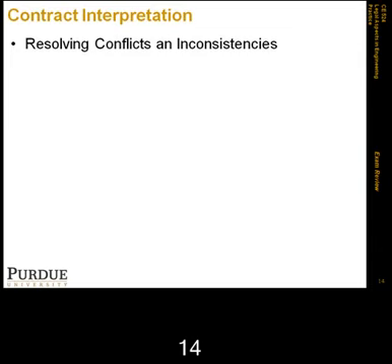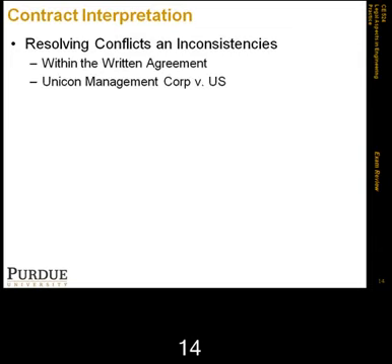There was a precedent case that we looked at closely, which is the case of Unicon Management Corp versus the United States, where this was a contract for the construction of a missile master facility near Pittsburgh, and the government refused a demand for equitable adjustment for steel plates on a floor not called for by the plans and specifications.